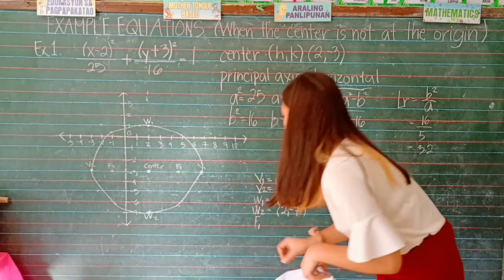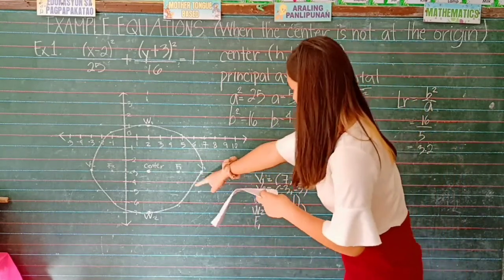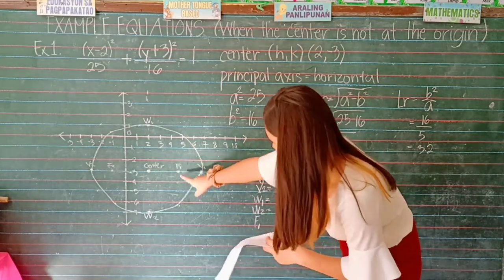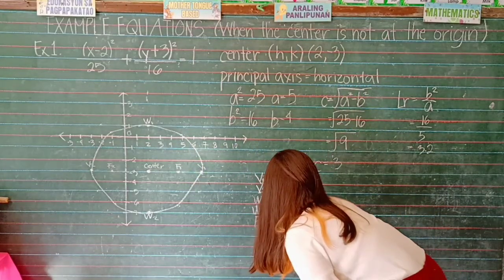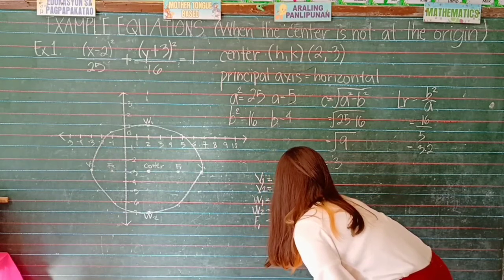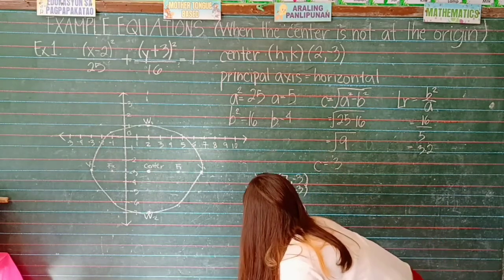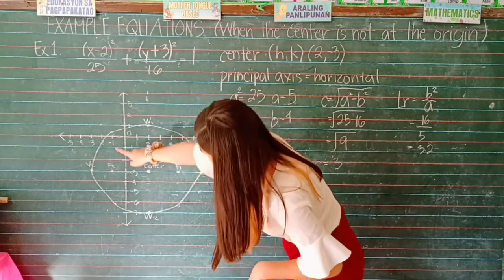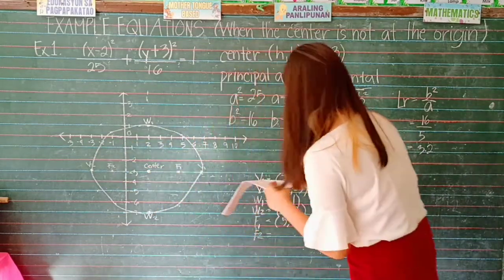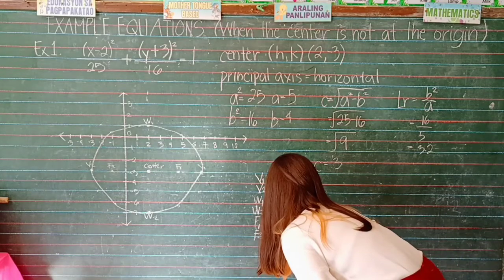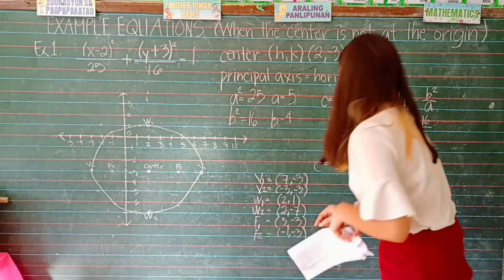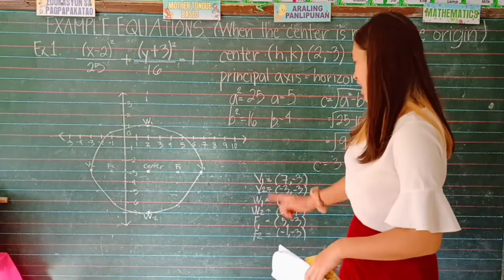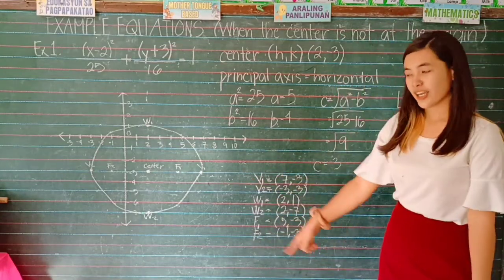The focus 1 is equal to positive 5 and negative 3. The focus 2 is equal to negative 1 and negative 3.